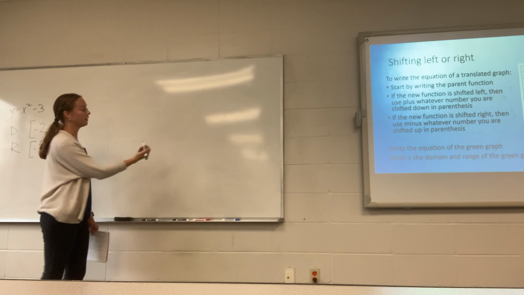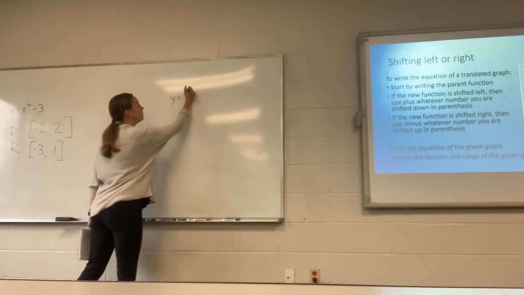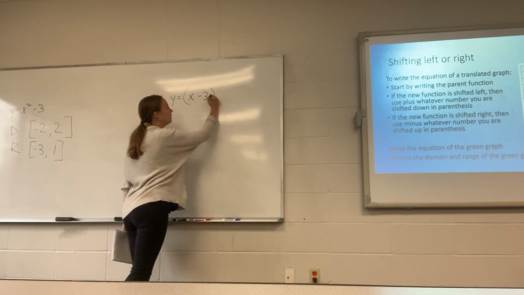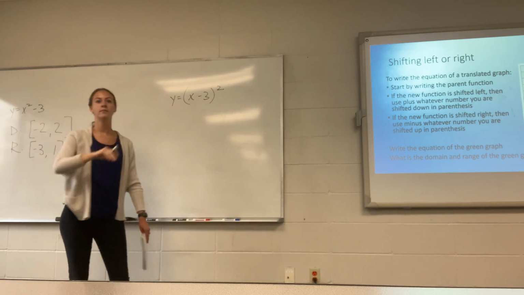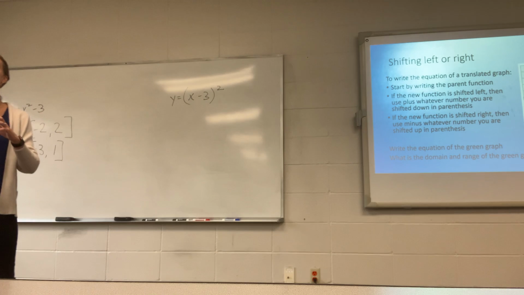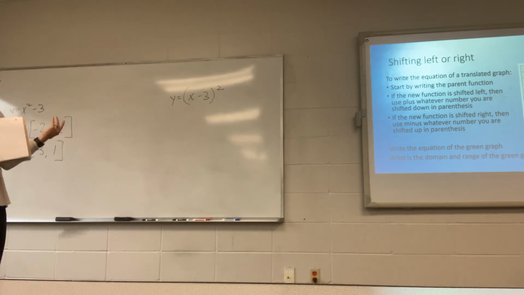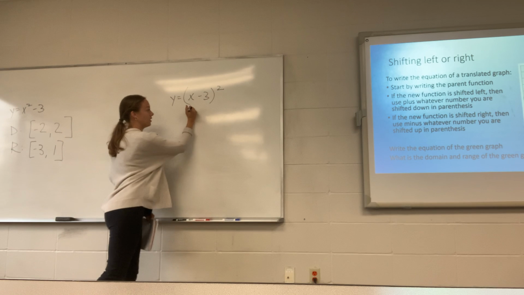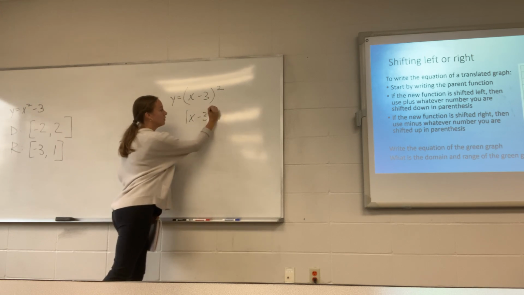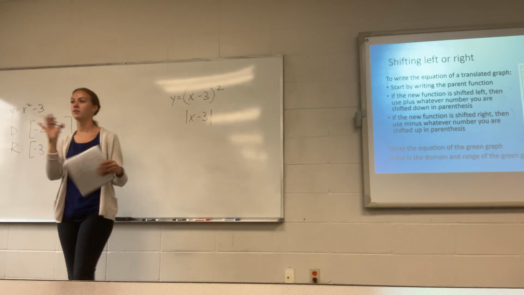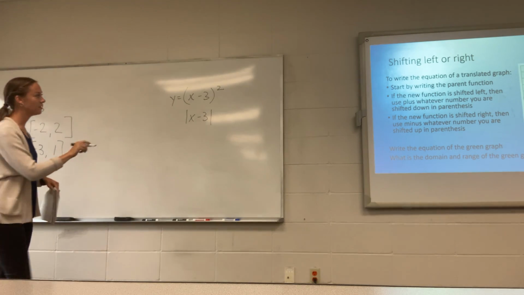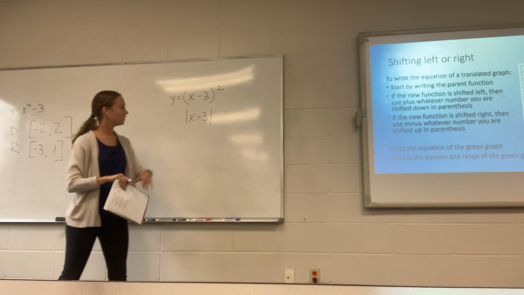So I would write it like y equals parenthesis x minus 3 squared. Okay, so with the left or right, I put it in parentheses. Or if it was the absolute value, I would put it in my absolute value. So the left or right always goes in parentheses or in absolute values, okay? And then you would keep your squared on the outside.